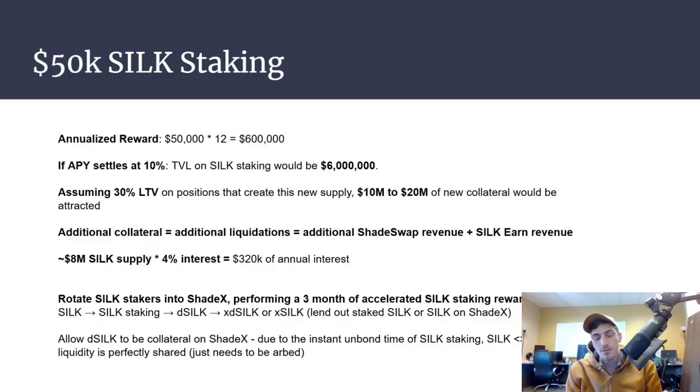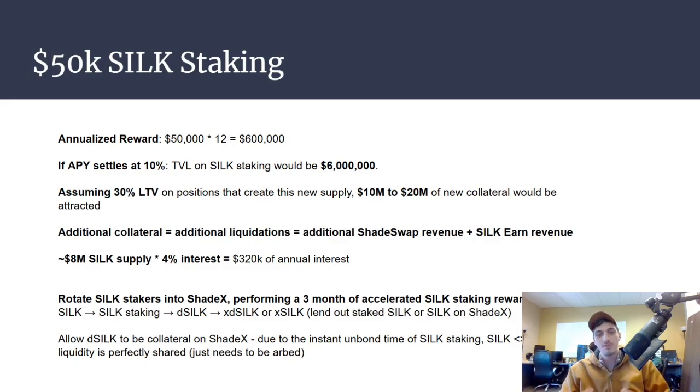And if you assume 30% LTVs on the CDP vaults to create this new supply to service this new demand, you can expect there to be roughly $10 to $20 million of new collateral on Shade Lend. And so this flywheel that Silk staking kicks off: additional collateral means additional liquidations, which equals additional ShadeSwap revenue, which equals additional Silk Earn revenue.